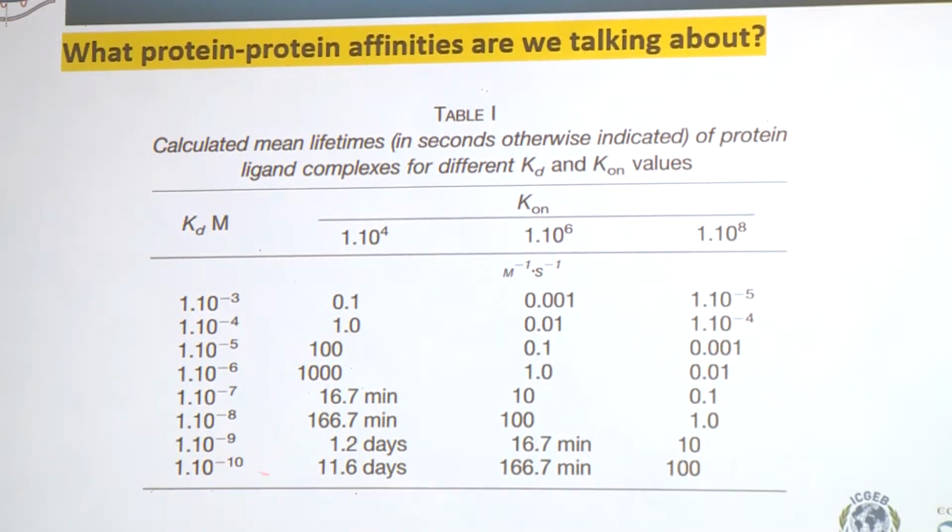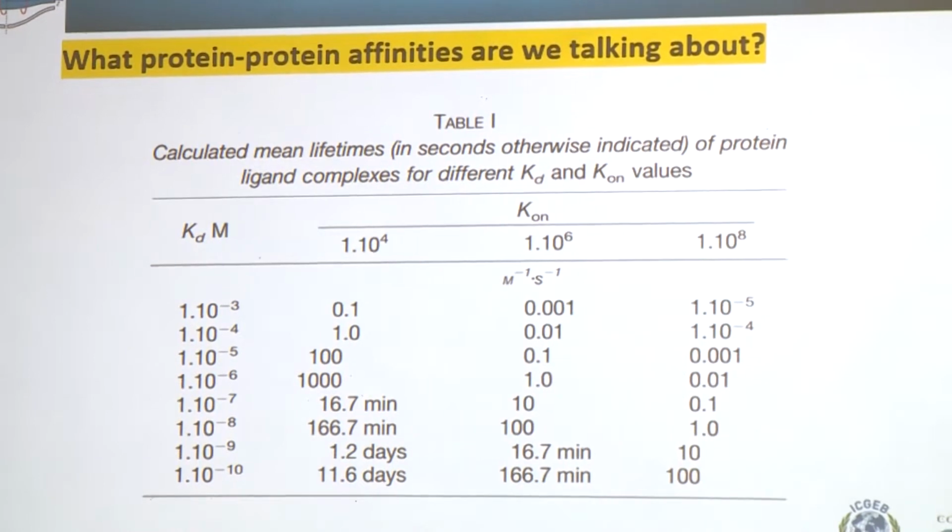If you are working with this complex and you have a 10 to the 8th K-on, you have only 100 seconds in which the complex is disrupted after you take away the ligands. So if you are looking for this complex using centrifugation, with the complex bound to your antibody, you have 100 seconds before the complex will disappear.